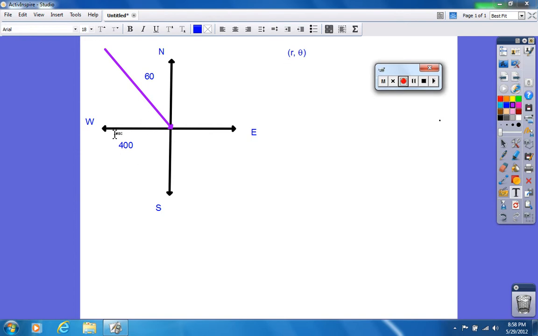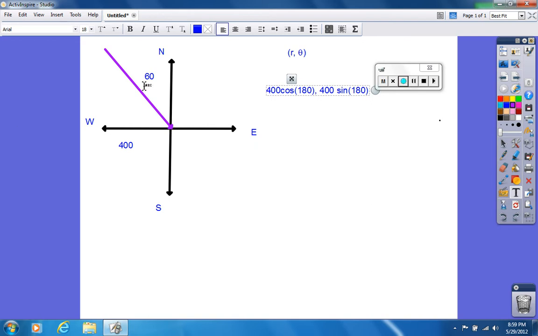So r for the plane is going to be 400, and I'm going to do cosine and west. West is this line right here. If east is 0, north is 90 degrees, west is 180 degrees. So 400 cosine of 180, comma, 400 sine of 180. That is the ordered pair for the vector for the plane.